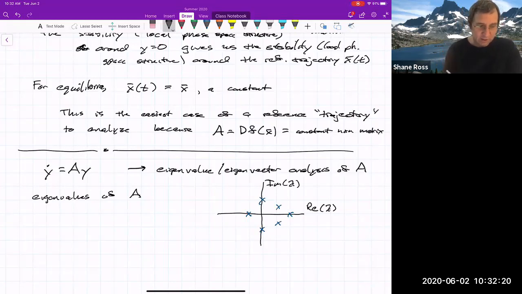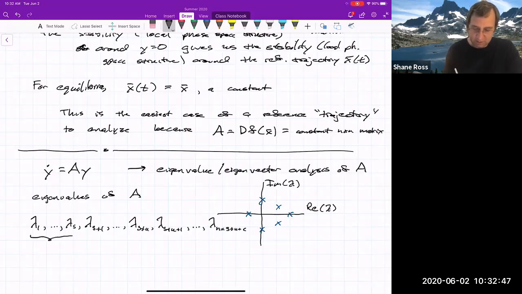We will group the eigenvalues of A such that there's lambda 1 through lambda s, then lambda s plus 1 to lambda s plus u, and then lambda s plus u plus 1 all the way up to lambda n, where n equals s plus u plus c.